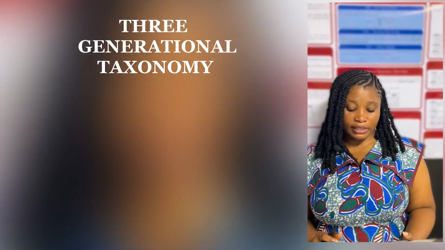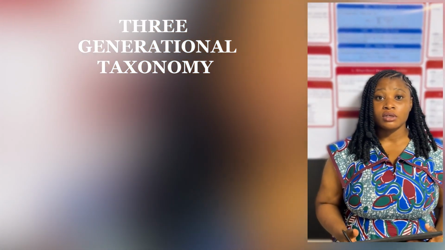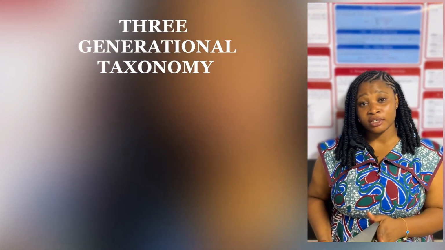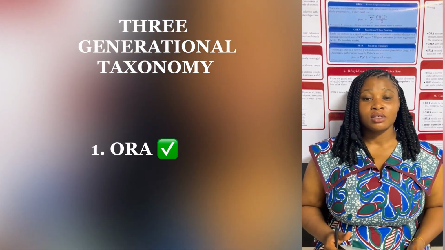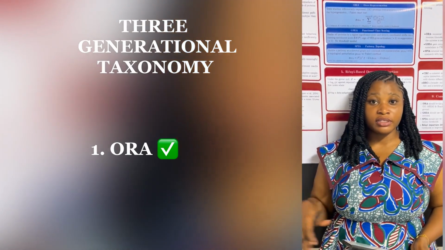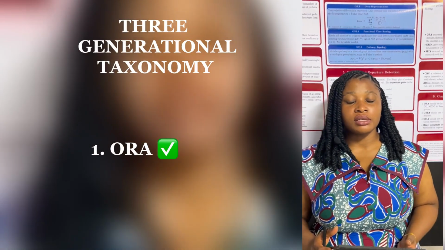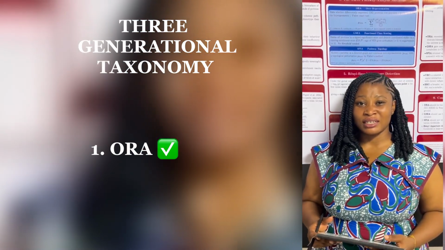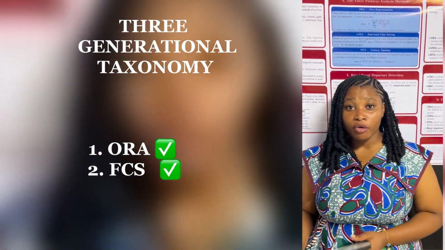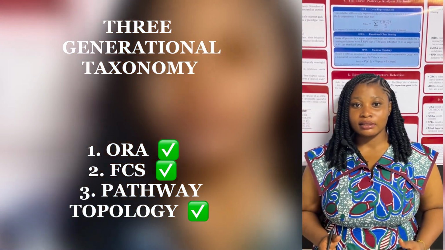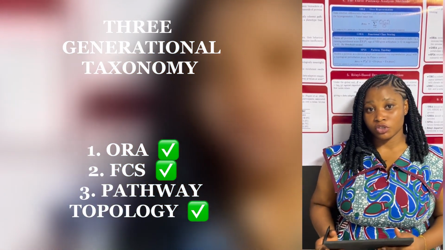Now, when it comes to the second taxonomy, which is by generations, literature puts them into three categories. Now, the first category is the overrepresentation analysis, the second is the functional class scoring, and the third is the pathway topology.